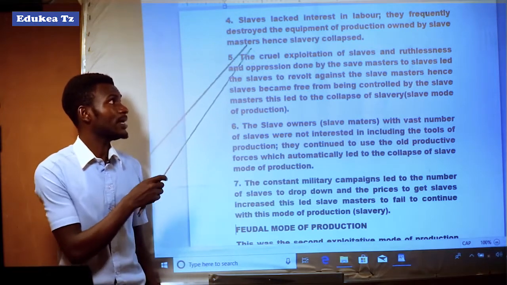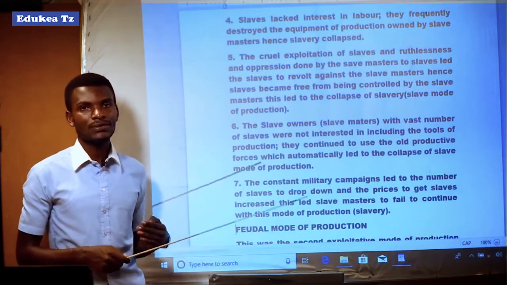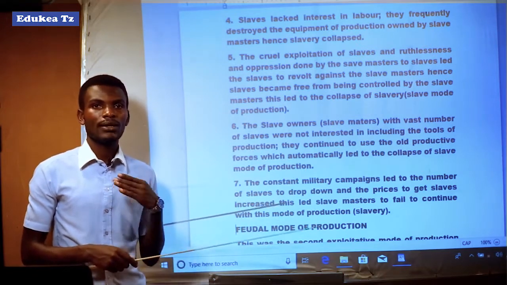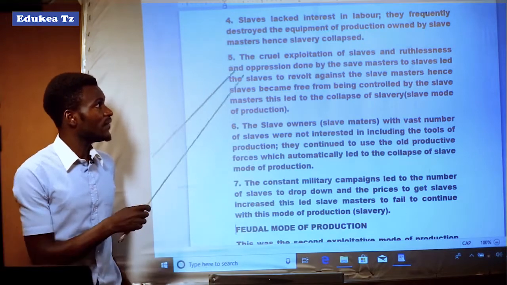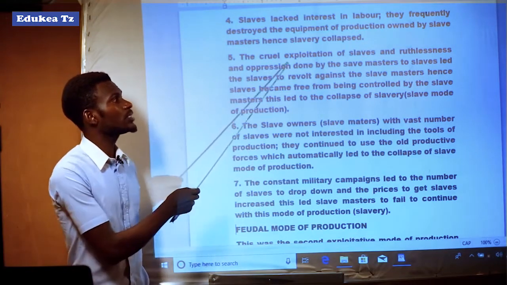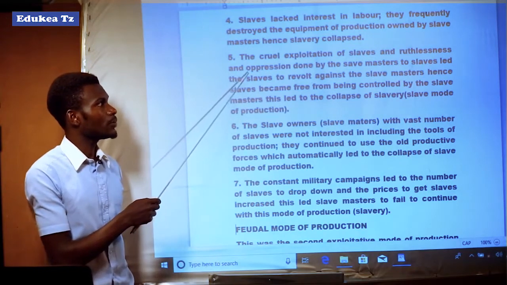That made the slavery mode of production collapse and gave way for the rise of feudalism, or the feudal mode of production.